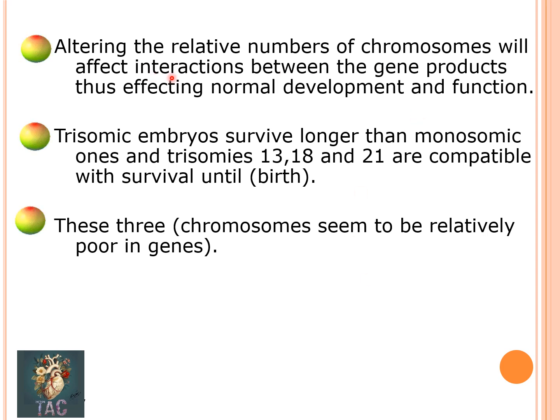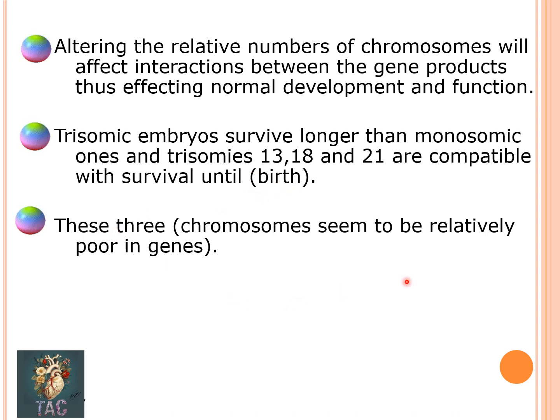Altering the relative number of chromosomes will affect the interaction between gene products, thus affecting normal development and function. Trisomic embryos survive longer than monosomic embryos, and trisomies 13, 18 and 21 are compatible with survival until birth.